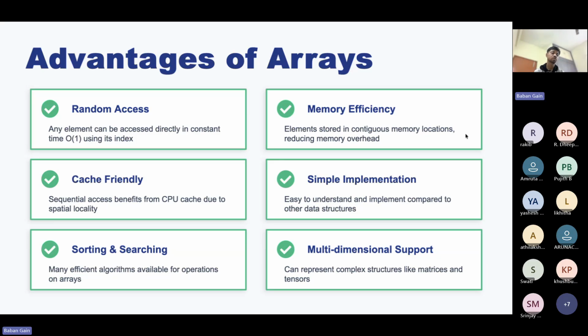We don't have to search: let's start from the beginning, then go here, then go here. Not like that. If I know which index I want, we can automatically generate the address where to find the value in the RAM.